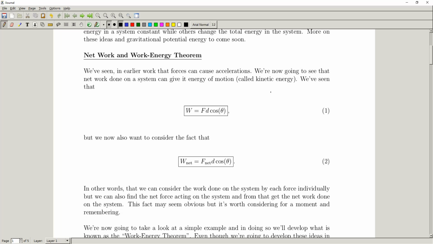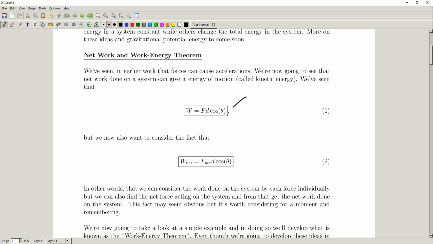Like from Newton's second law, we saw this, right? That forces cause accelerations, or if there is an acceleration, you should expect that there will be a force, right?